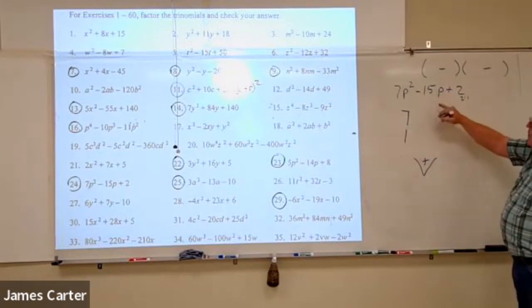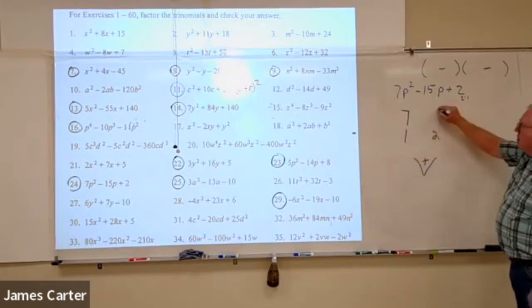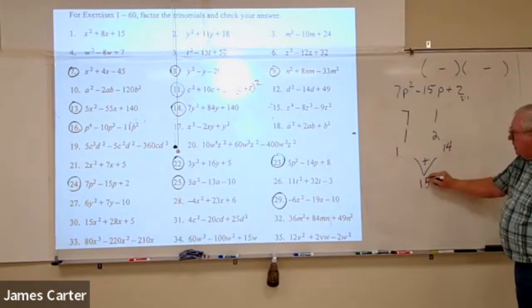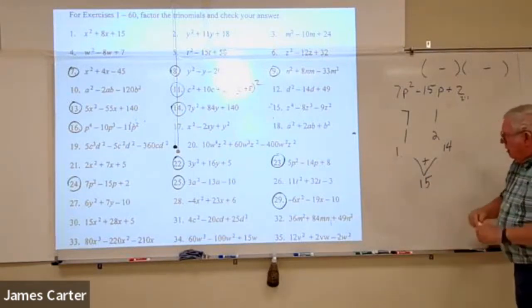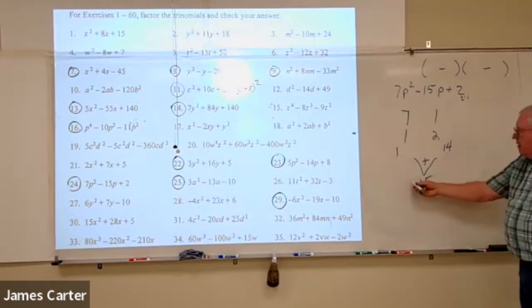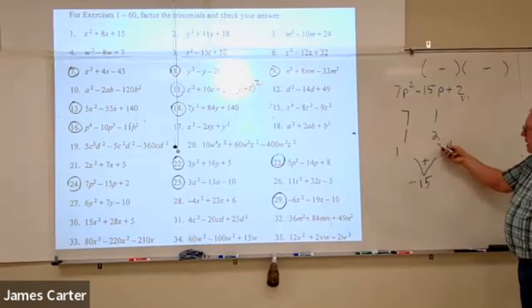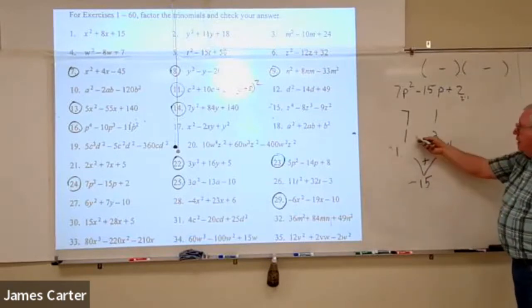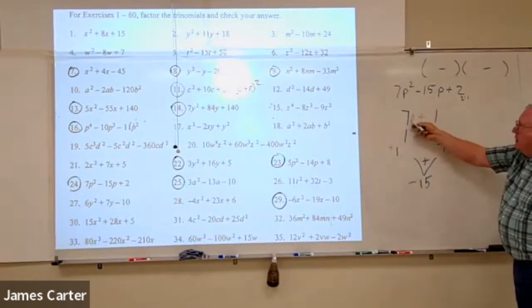So how can I get a 15? Well, if I take 7 times 2 and 1 times 1, here I get a 1, here I get a 14. They add up to 15. That's got to be a negative, so the biggest has to be negative and the littlest has to be positive. Here's the negative, here's the positive, and we put the p's in there.